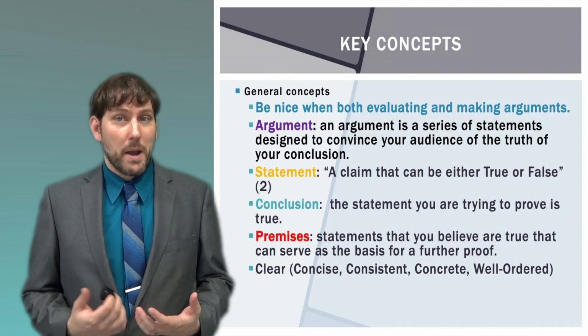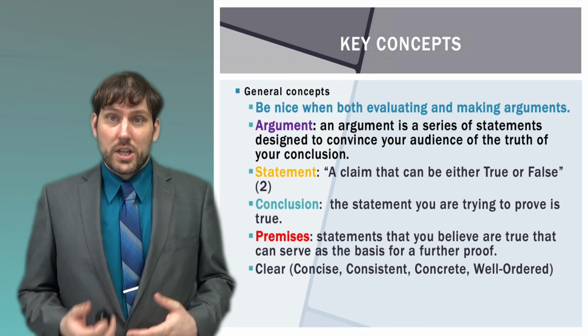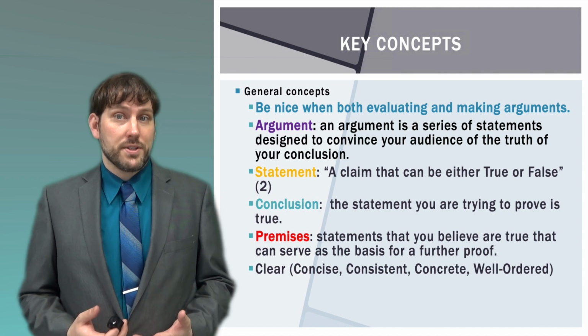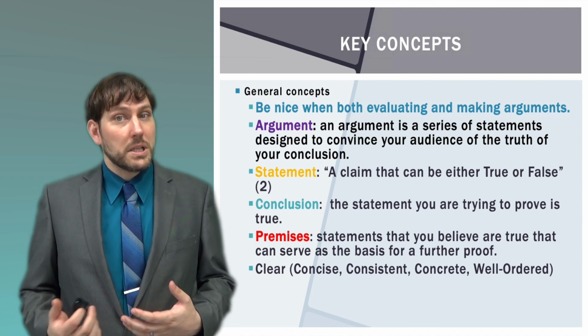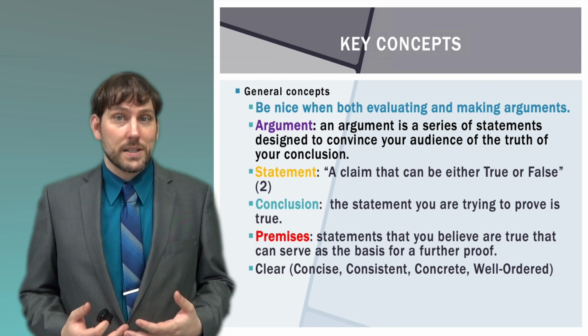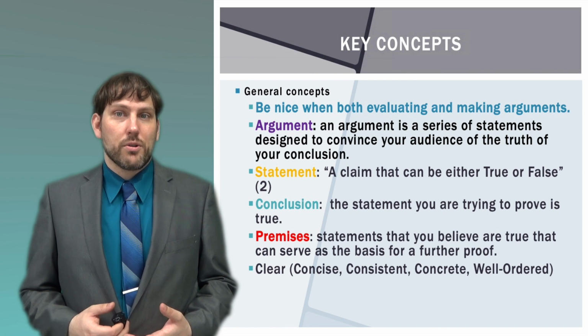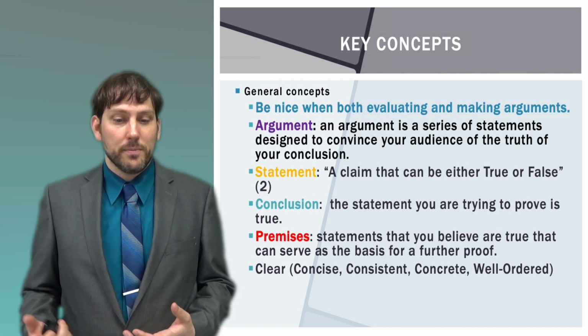So making little minor repairs, fixing English mistakes, changing premises slightly if that gives it a stronger form, putting them in the right order. When we're making arguments, the way that we are nice is that we use our terms clearly and we have consistent, concise, and concrete things that we're saying. We place our argument in the right order and we avoid using emotion rather than reason to convince people.